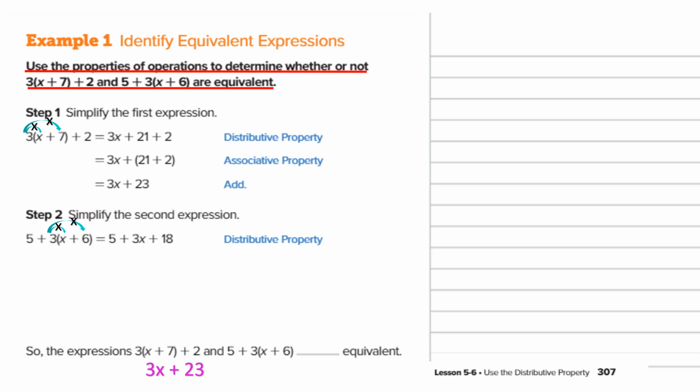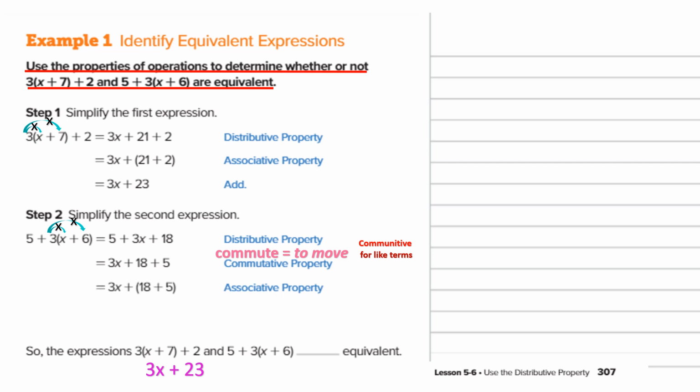All right. Well, my commutative property tells me that I can move things around, right? And so if I move things around, I can move the 3x to the front, and I can also move the 5 to the back to be added to the 18 because they are both constants. So when I do that, then I can add my constants together.